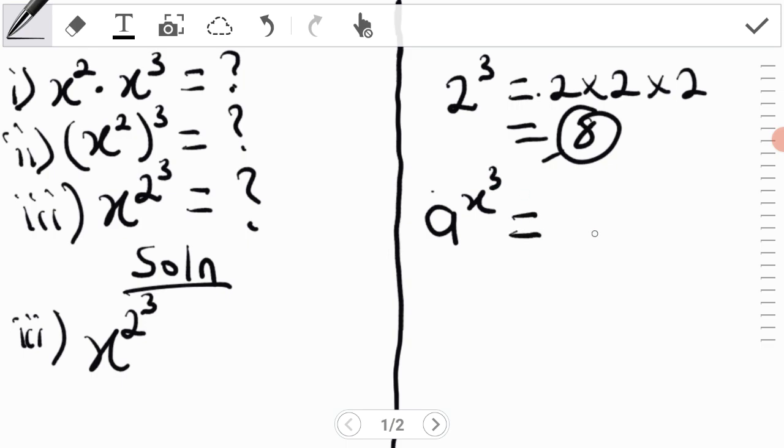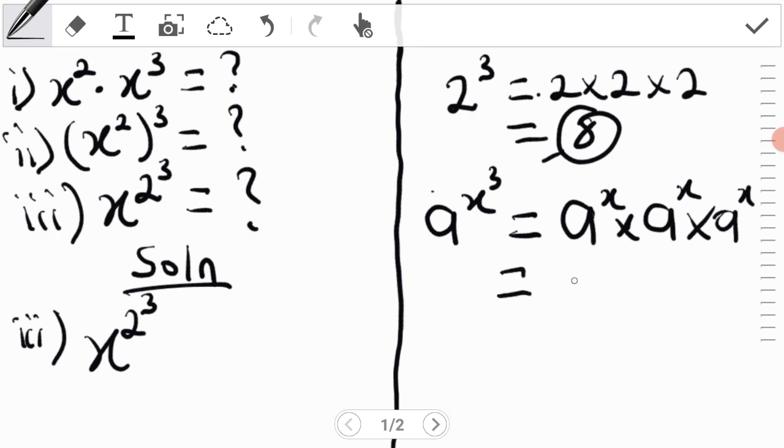This shows that you have a raised to the power x times a raised to the power x times a raised to the power x. You understand? So this means that when we want to add, it will be a raised to the power this plus this plus this, right?